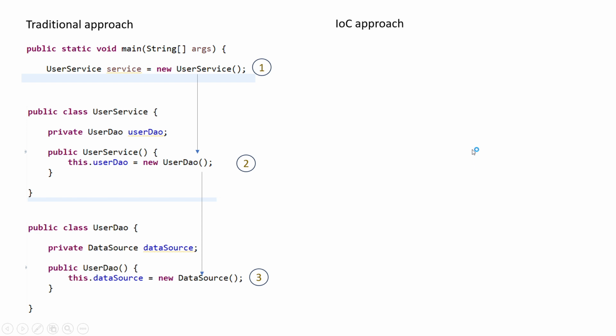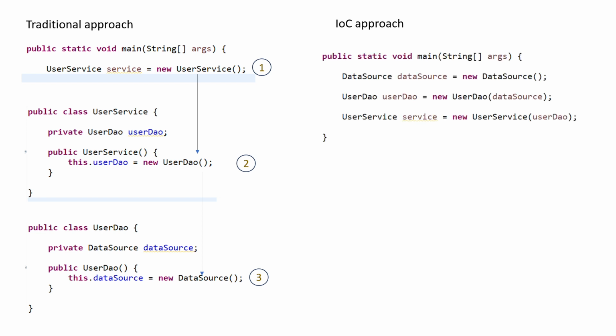So in the IoC approach, what will we do? We create it like this. Data source I create first, because data source is needed for user DAO. Then I create user DAO because user DAO is needed for user service.